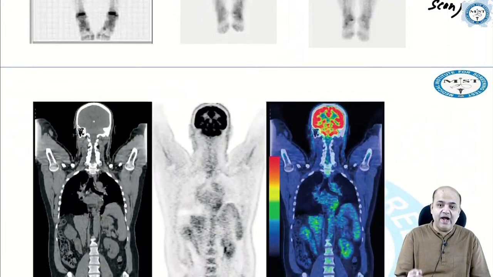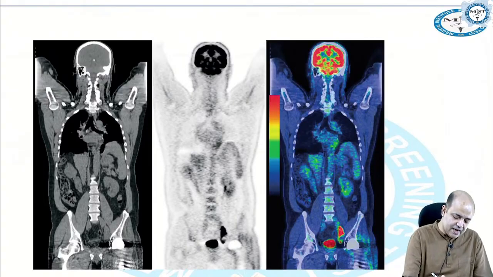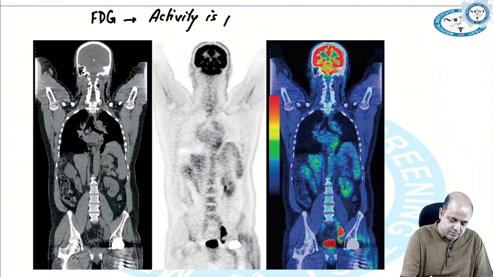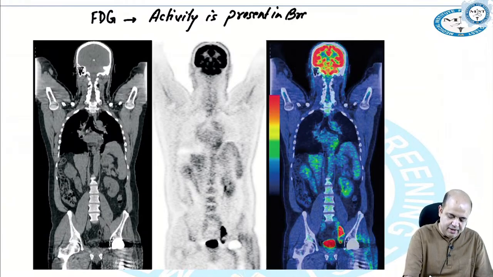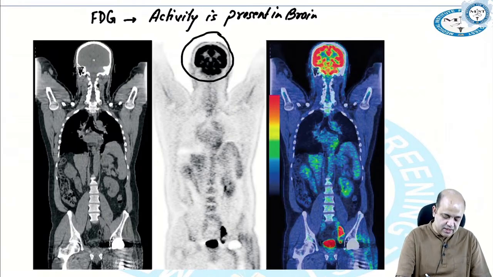How do we identify the PET scan? In the FDG PET scan, activity is present in the brain. So we look at the activity in the brain. If the activity is present in the brain, this is a PET scan.